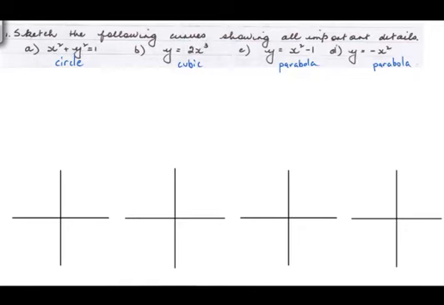Alright, so going back to the first one, we've got a circle. What we know about a circle is that this number here is the radius squared. So if the radius squared is equal to 1, if I take the square root of that, that gives me the radius. So the square root of 1 is still 1. So what I need to draw for this one is a circle going through 1 on the x-axis, 1 on the y-axis, -1 on the x-axis, and -1 on the y-axis.